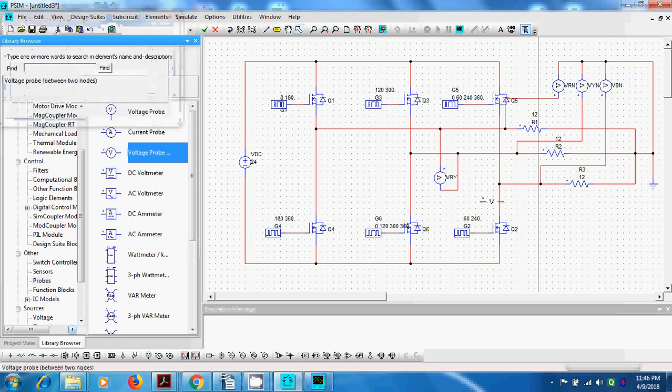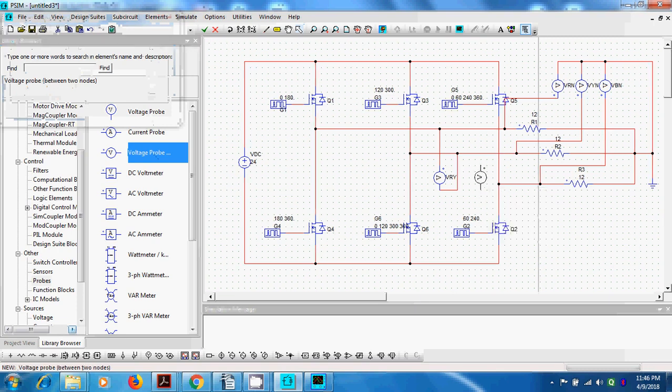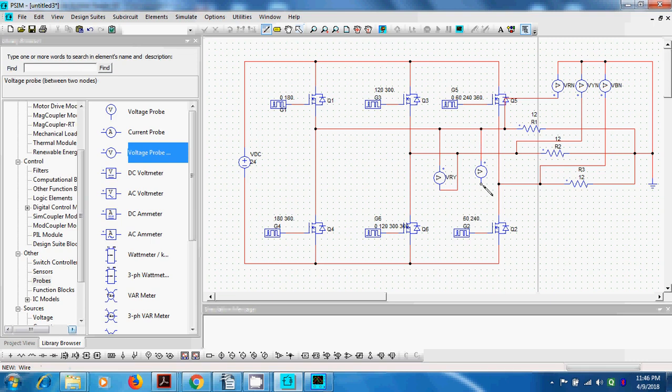I will take one more. I want to measure VYB. One terminal is to be connected to R, and one terminal is connected to B. So where is B?